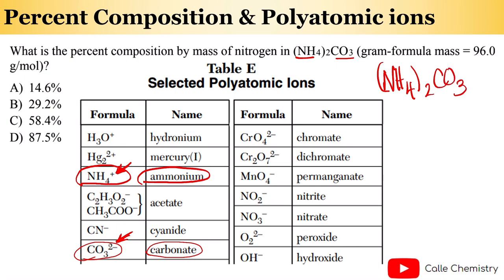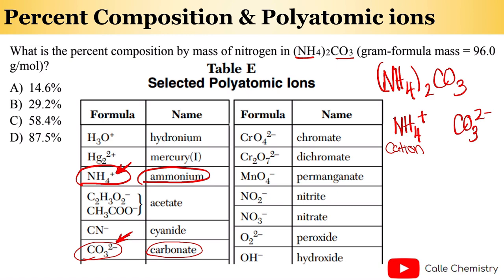So let me separate it as I see it on table E. So NH4 has a +1 charge, and CO3 has a -2 charge. Well, we know that an ion that is positive charge is a cation. So this is a cation.